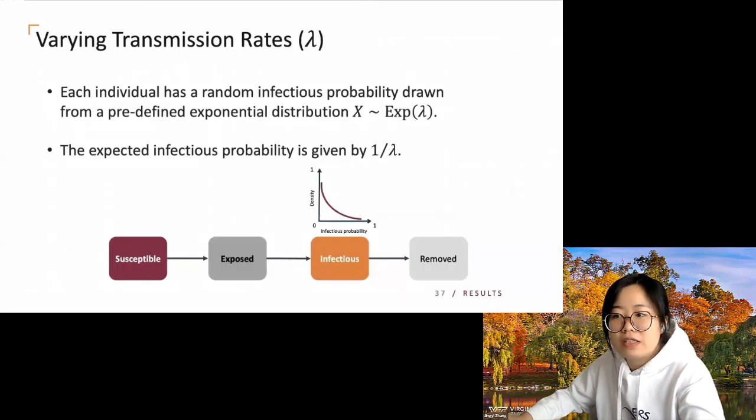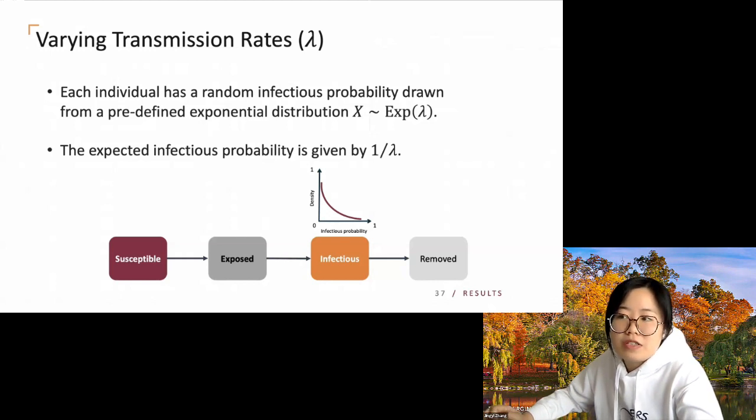We also conducted experiments to compare the performance of AGT with baseline strategies under varying transmission settings. Recall that we described the infectious disease transmission process using an enhanced SEIR model with heterogeneous infectious probabilities to incorporate the characteristics of SARS-CoV-2 infection.